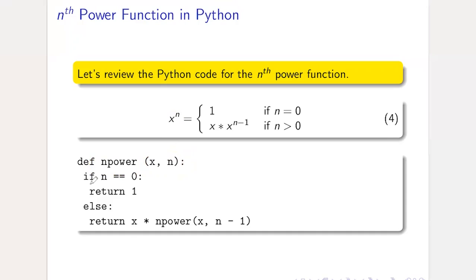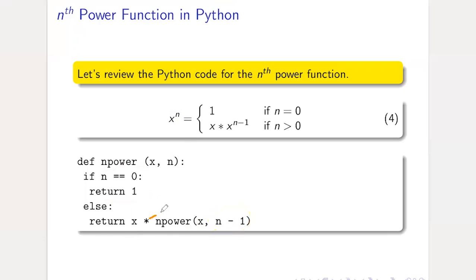So here's the implementation using if then else structure. Base case: if n is equal to 0, return 1, else do a recursive call on the function with the value being the same, x, and the power to be n minus 1.